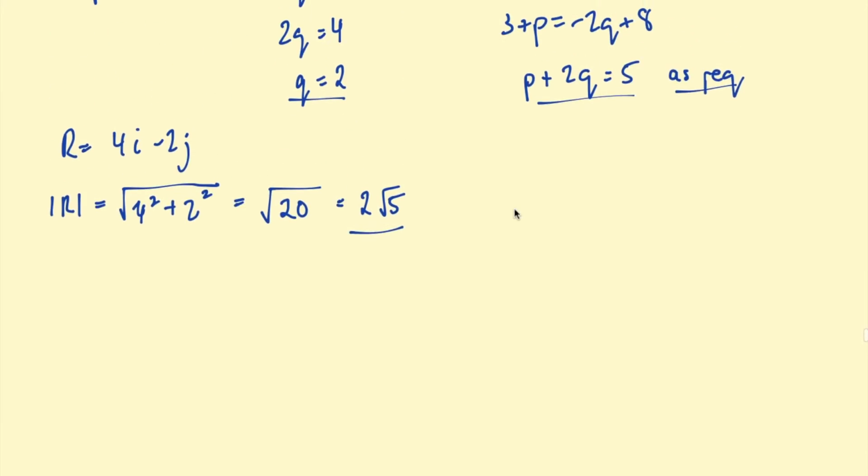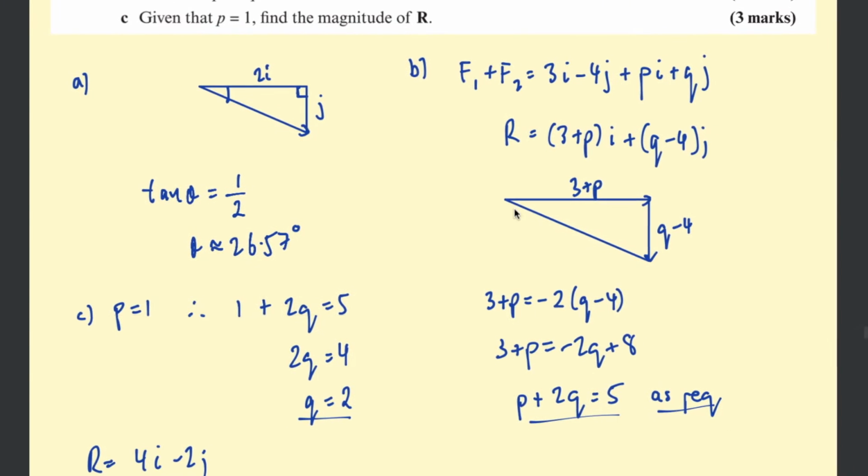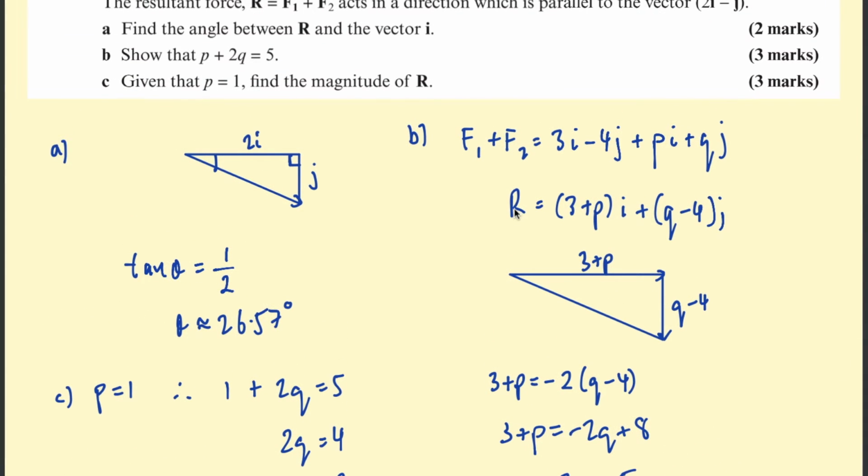Oh, I just remembered, I had a quick look at my notes of things to remember to mention, and I'd forgotten them. When you're talking about direction in terms of vectors, we need to say this angle is below i. So for this answer, I would have actually lost a mark here if I just gave that angle.